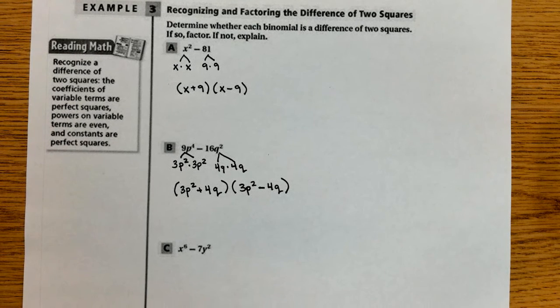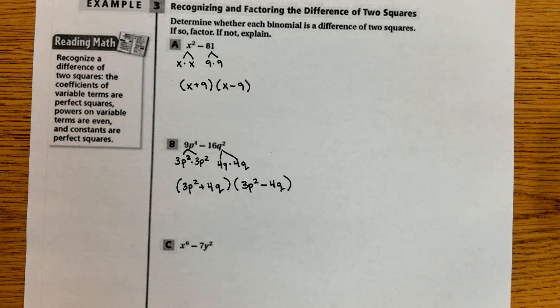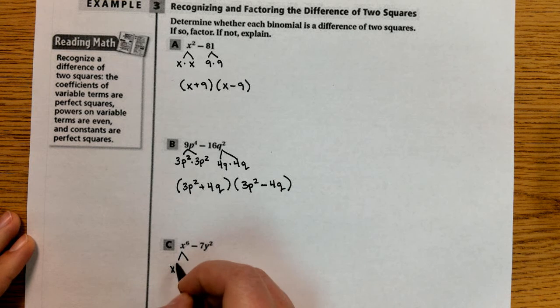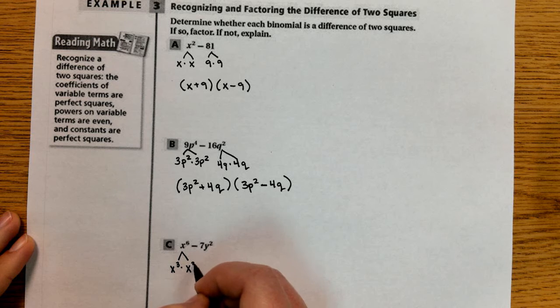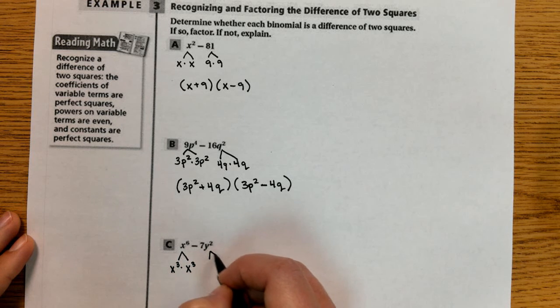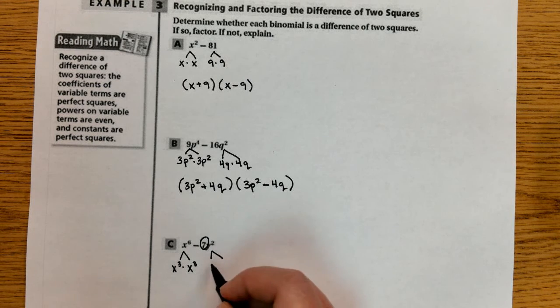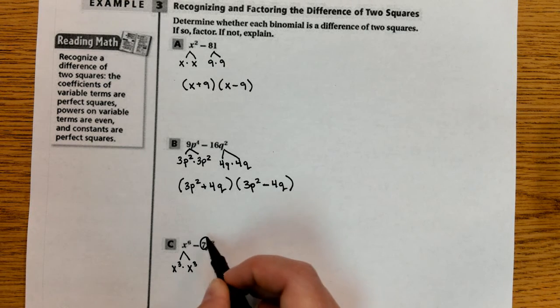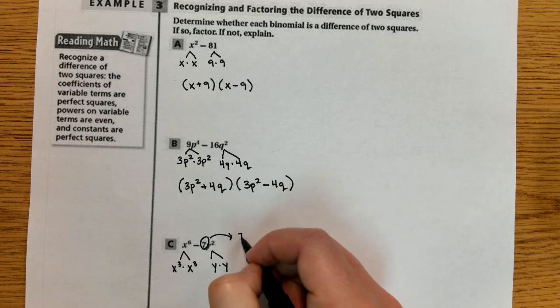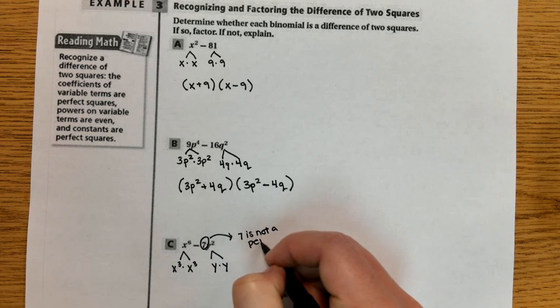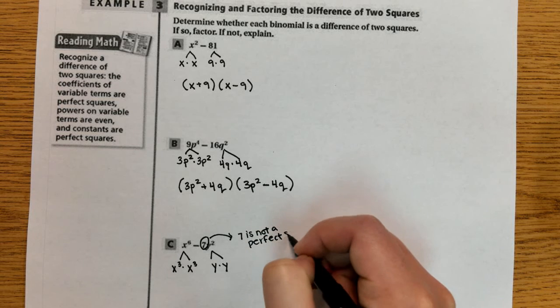And then our last example, c, we have x to the 6th power minus 7y squared. X to the 6th can be written as x to the 3rd times x to the 3rd. And then this 7y squared, 7 is not a perfect square. I could do y times y, but this 7 is not a perfect square.